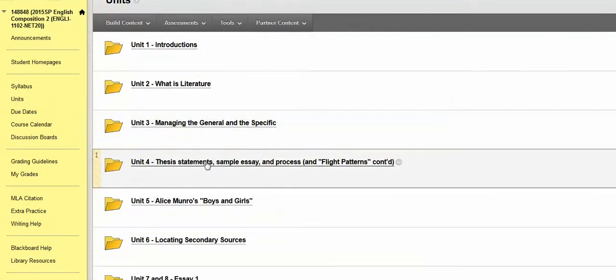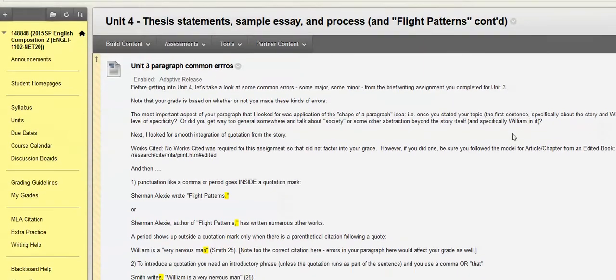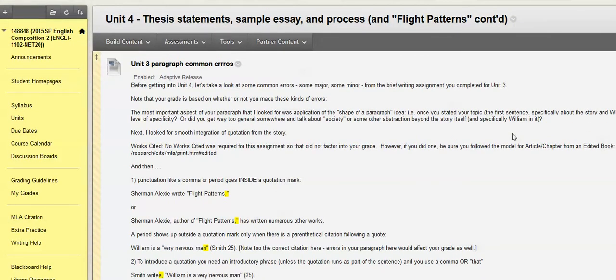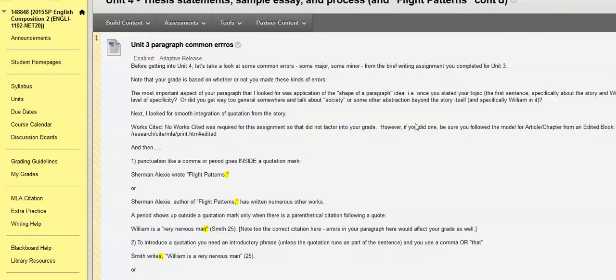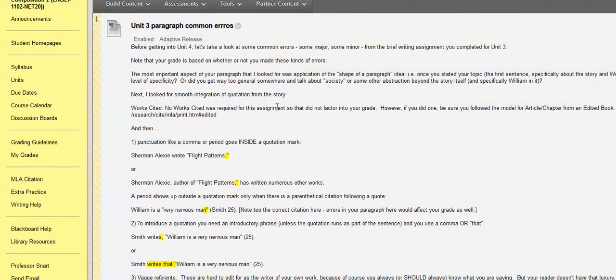One of the things that is important to notice, and if this isn't showing up correctly for you, please let me know, because I see it on my end, but sometimes the instructor and student views are different, is that after you've submitted the work for Unit 3, the paragraph, that triggers, or should trigger, what's called adaptive release. You can see it in my view here, with some common errors that I often see in Unit 3.